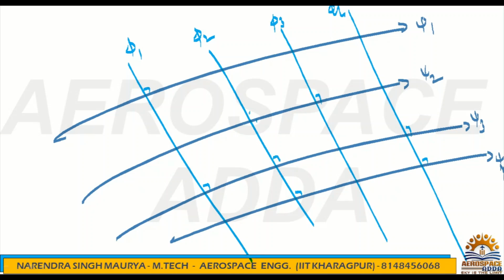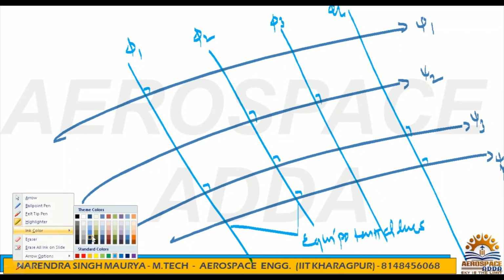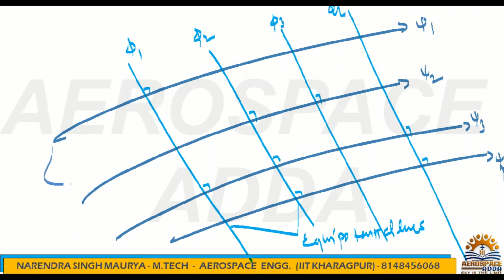So this is a very important conclusion you got here: these are the equipotential lines and these are streamlines.